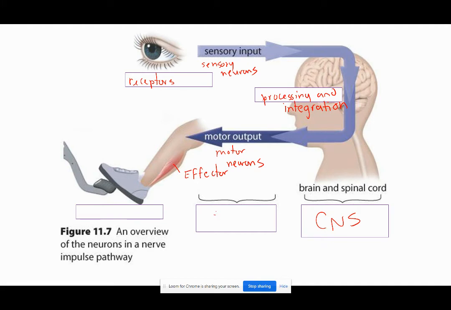I guess that's just the idea here. And PNS is here, so the peripheral nervous system would be sensory neurons and motor neurons. And this is the response. Maybe I'm wrong on that, but as long as you get the general idea of a general neural pathway.